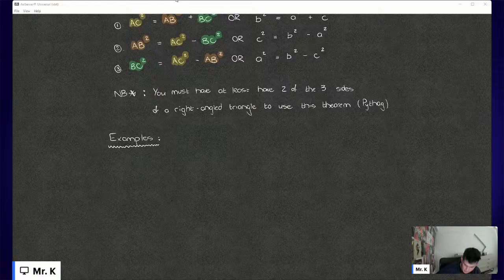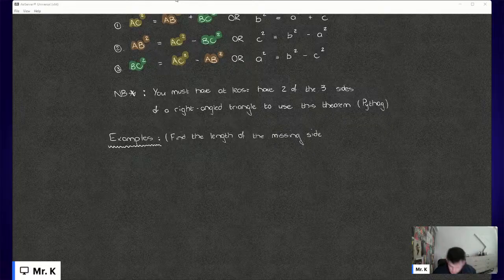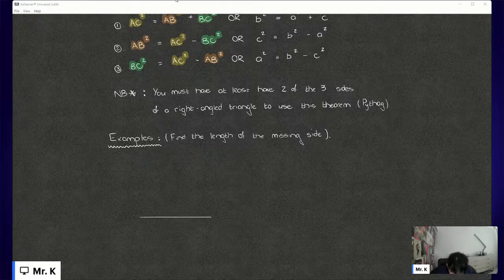Okay, let's go through some examples where the question is find the length of the missing side. So what I just want to reiterate is, when we are working with Pythagoras, the law is very simple to remember.